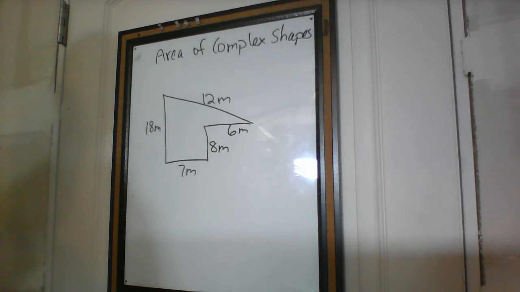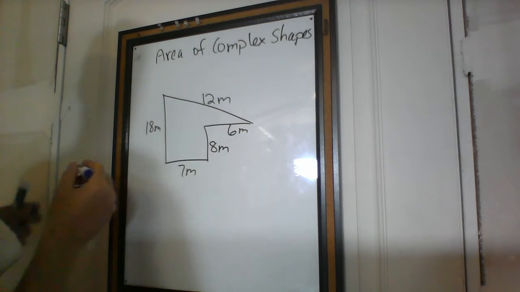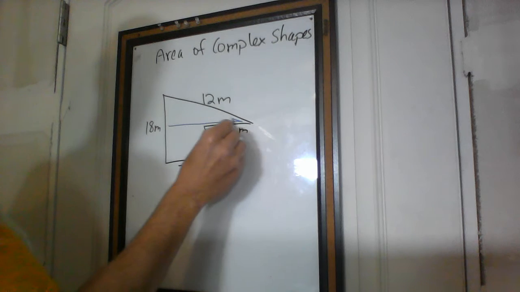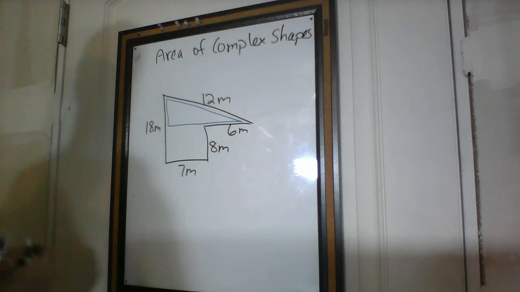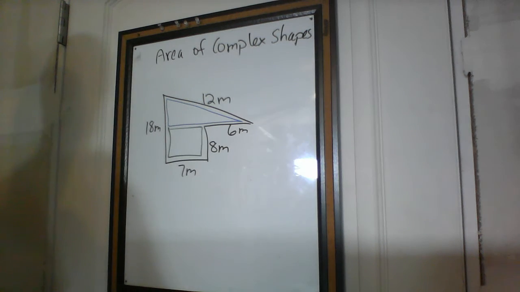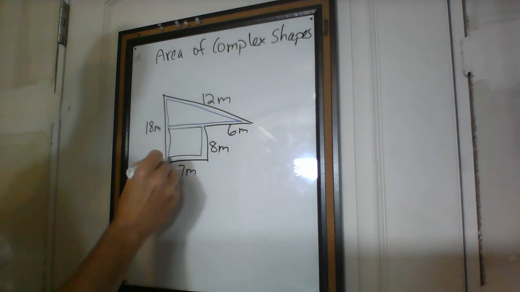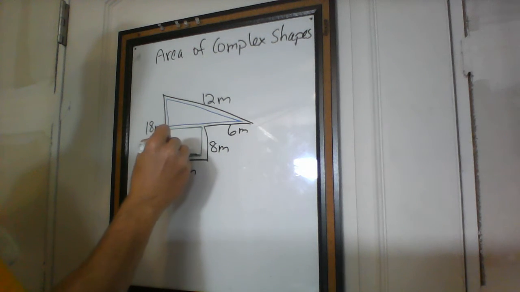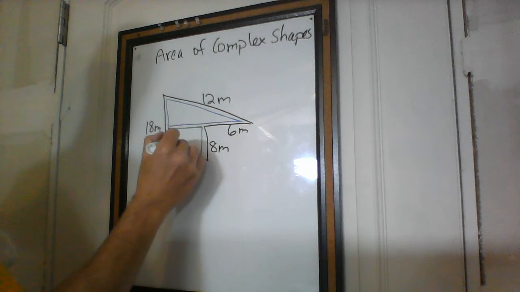Okay, again, break this into 2 shapes. I got my triangle, and I have my rectangle. And I know it's a rectangle because the base is 7, and the height right here is 8.